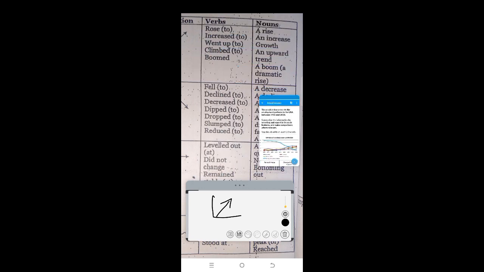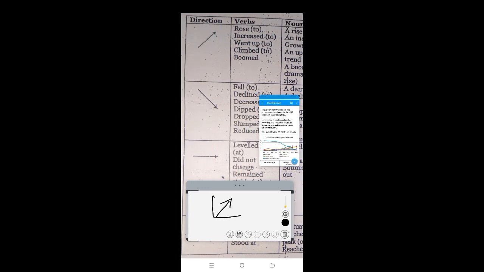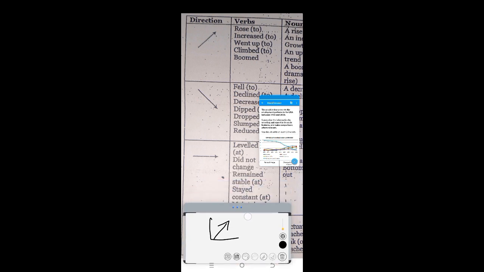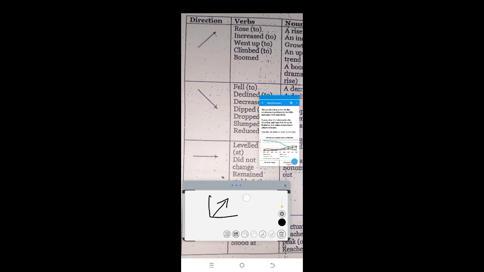Likewise, if there is a value which is going downwards, it can go either very gradually or slowly, or it is a sudden decline or fall. What are the different words that you can use here?